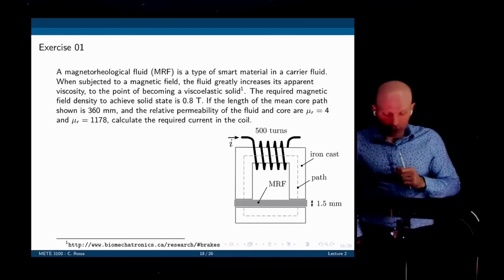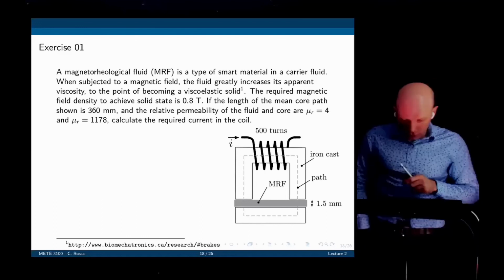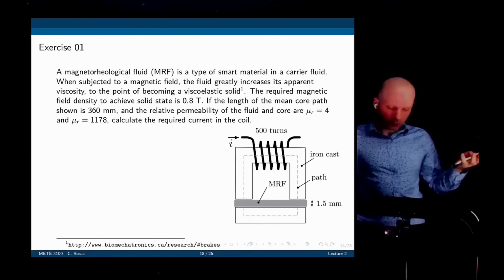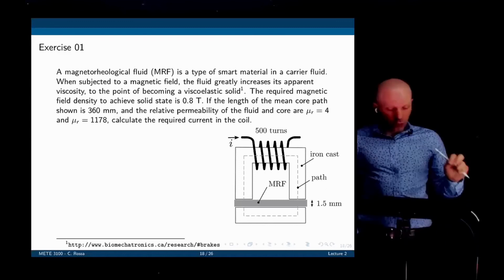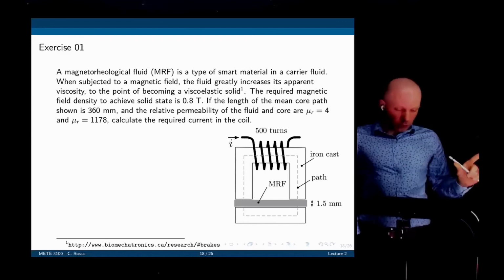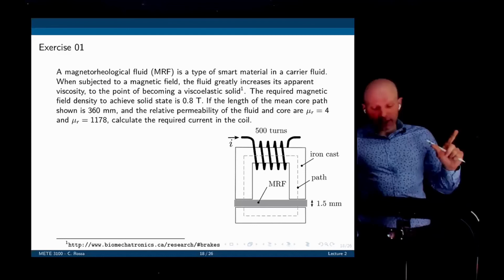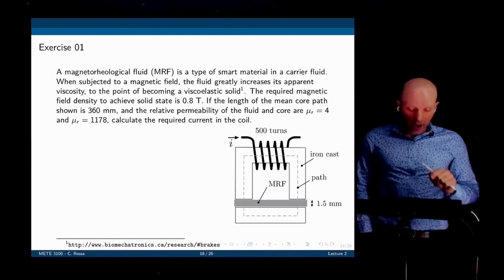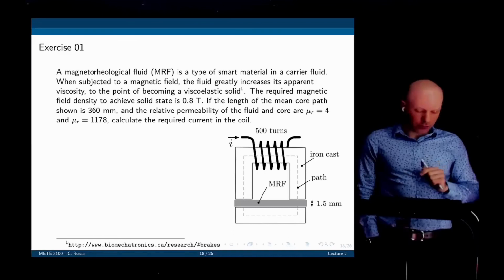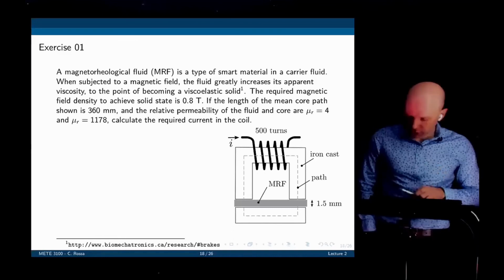So all this to say that we have to establish a magnetic field through two different materials, and we want this magnetic flux density to be 0.8 Tesla at the fluid. So how are we going to do that? Any ideas?